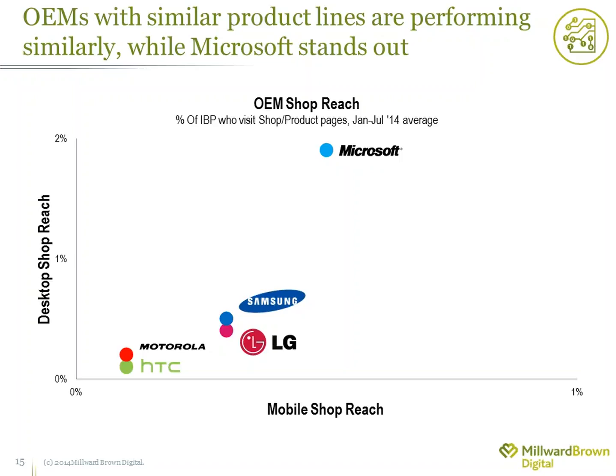What's also interesting to pull out on this is that one of our sister companies puts out the Brand Z Top 100 Global Brands Report every year, and it's interesting to look at how these brands fall in terms of reach when we compare them to where they rank in terms of their brand positioning.